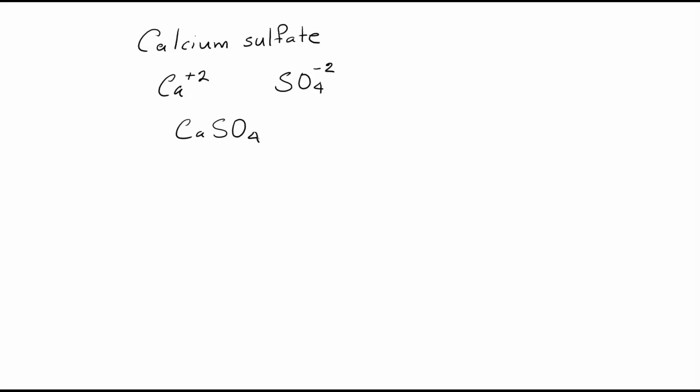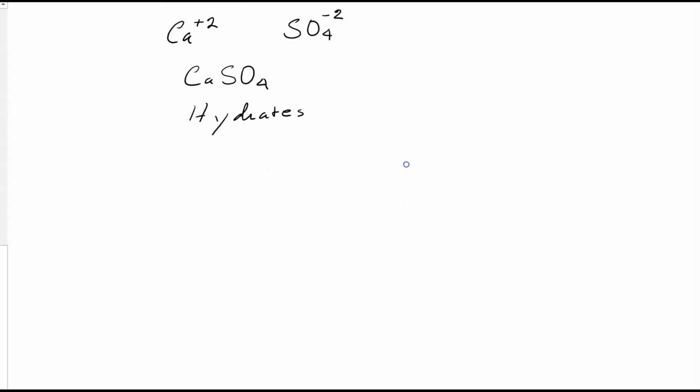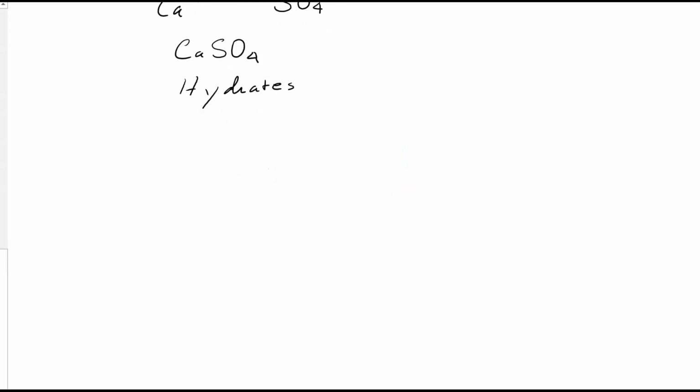Now, it turns out that if we prepare calcium sulfate, or it is occurring naturally in the presence of water, then what happens is we form hydrates. Hydrates, as I mentioned, require the addition of a water molecule as part of the configuration for the ionic compound. It may require more than one molecule per what is known as a unit cell.